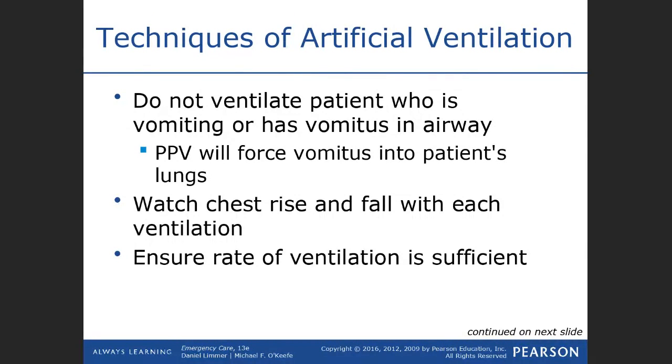Because every time you squeeze that bag, you need to see the chest rise. If you do not see the chest rise after you squeeze that bag, the air went somewhere. And it's going to take the path of least resistance.